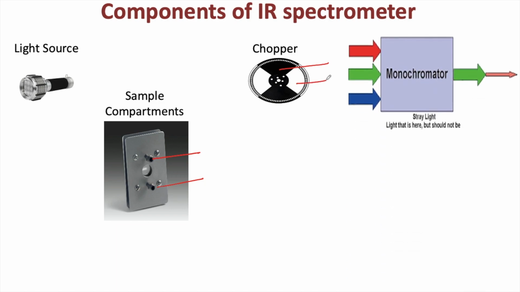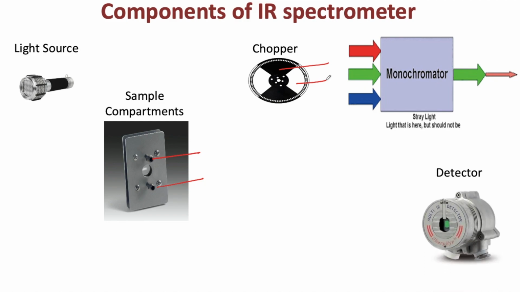Next is the monochromator. Mono means one, chrome means color. So the monochromator allows light of one color or one particular wavelength to pass through it at one particular time. Next is the detector. The detector basically detects how much light is getting absorbed or transmitted through the sample molecule.